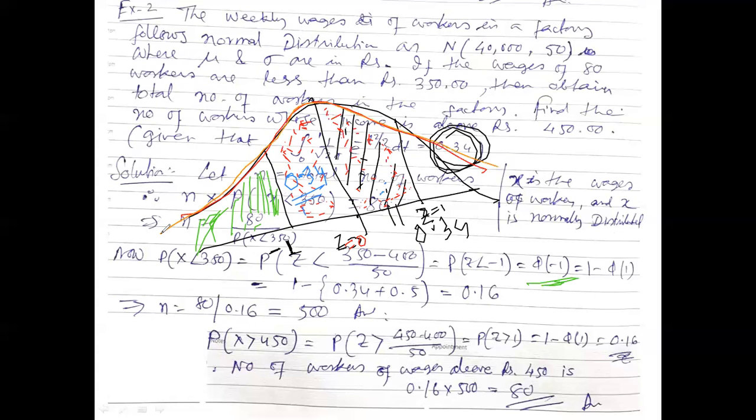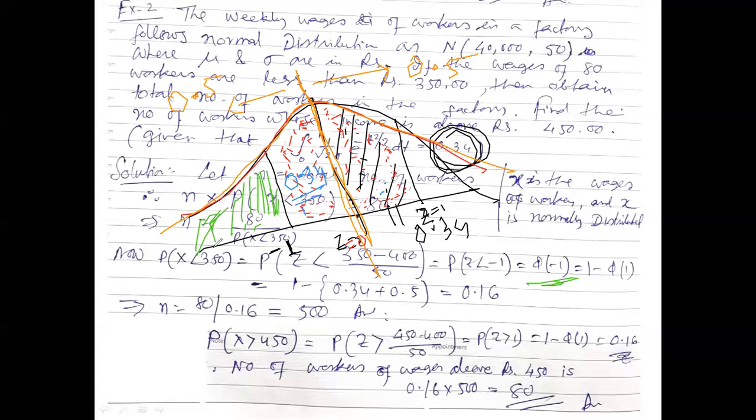If I divide the total area in half, this part is 0.5 and this part is 0.5. Hence the total summation is 1.